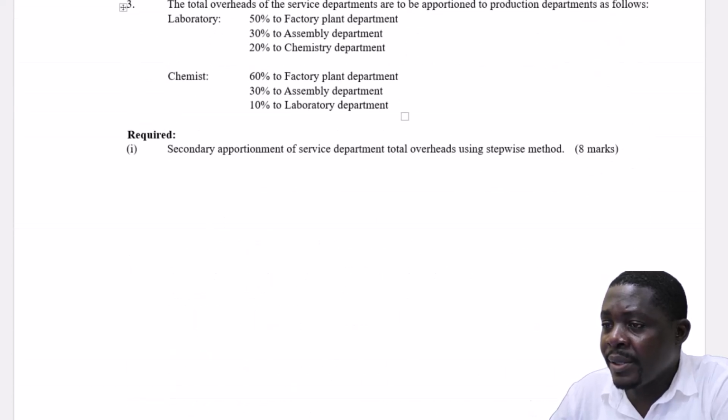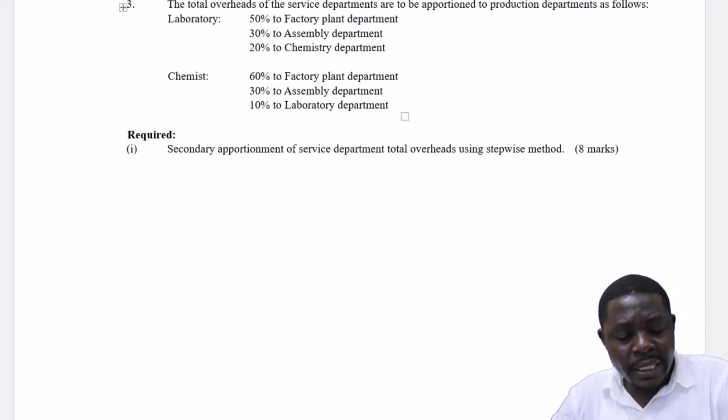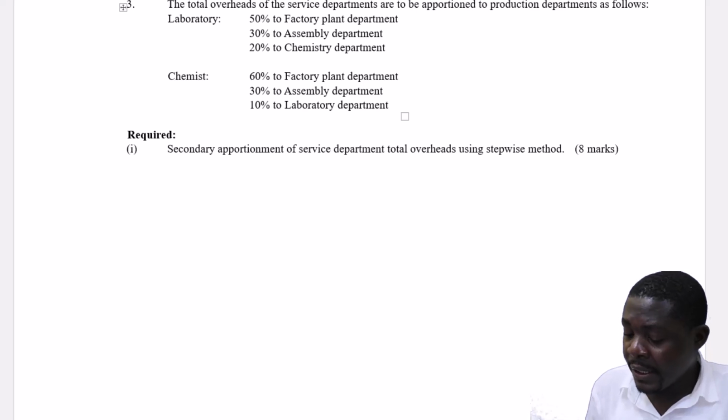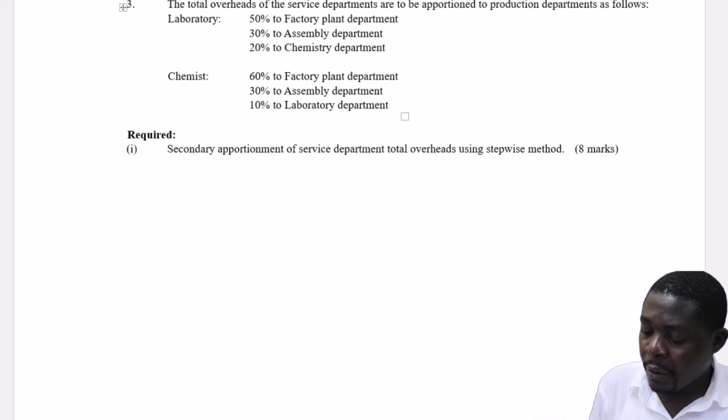Now let's start with the secondary apportionment. Secondary apportionment of overhead. In this case, I'm just going to put their overhead.